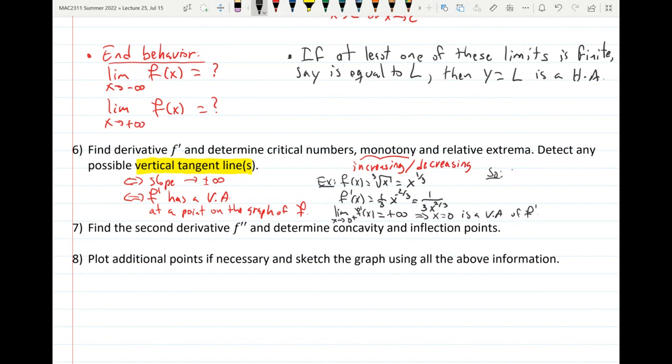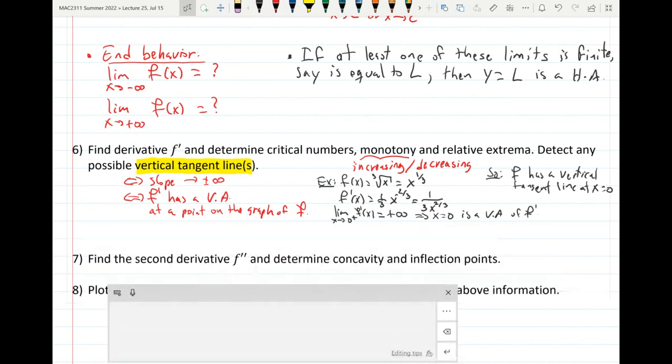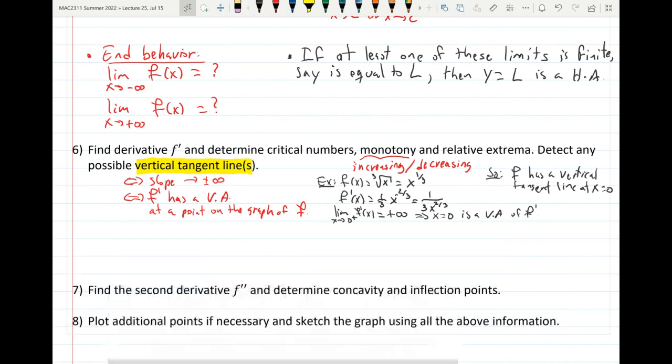So f has a vertical tangent line at x equals 0. And indeed, let's take a look at the graph. Let me give myself more space in here. Okay.